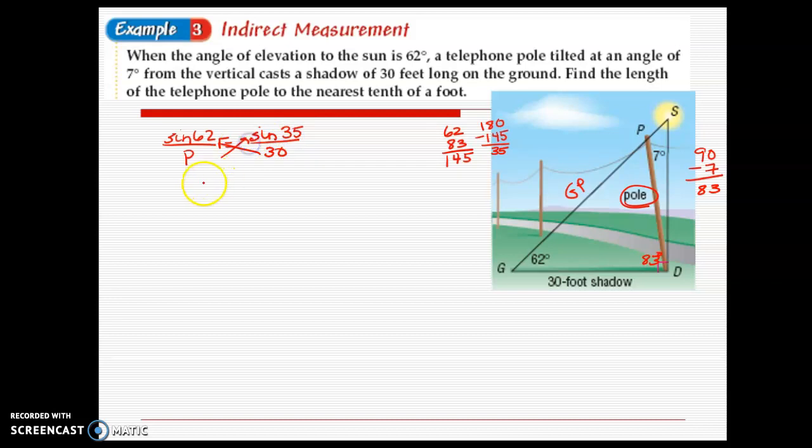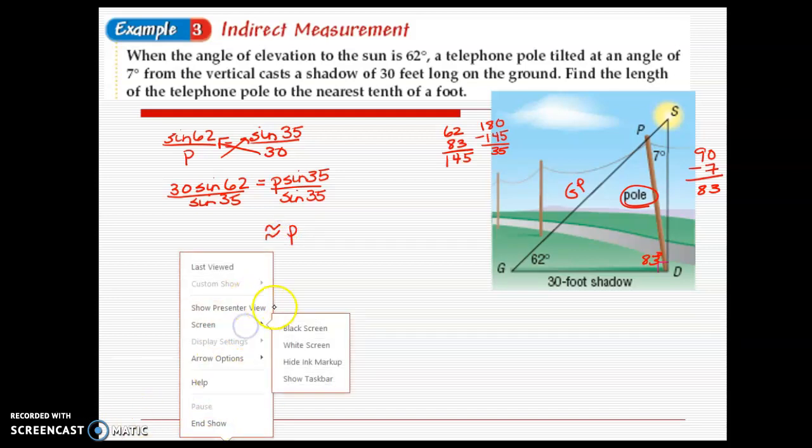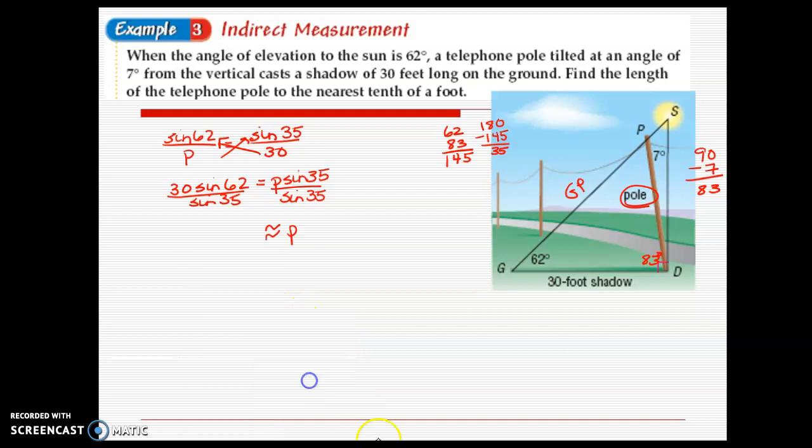And you will cross multiply: 30 sine of 62 equals P sine of 35. Divide by sine of 35 on both sides. And your P is going to be approximately, go to Desmos and I replace that with 62 and 35.